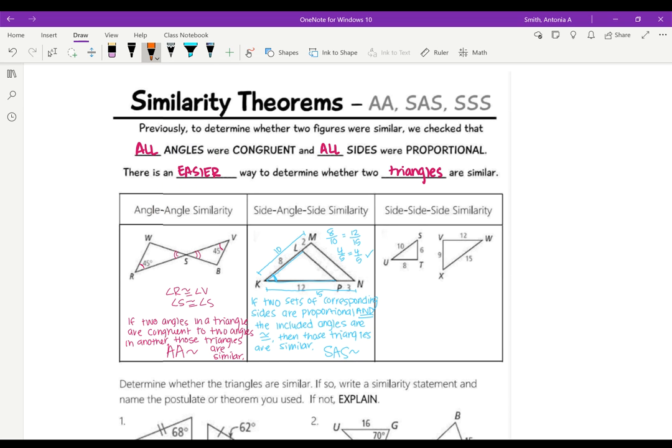Okay. The last one we talk about is side side side similarity.